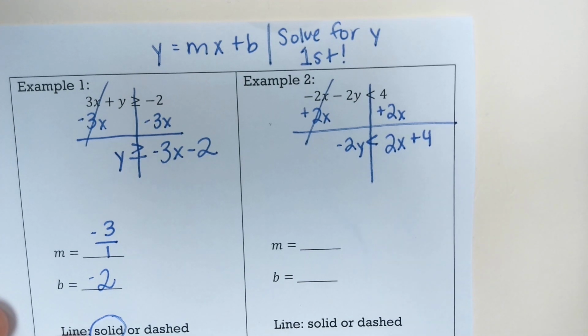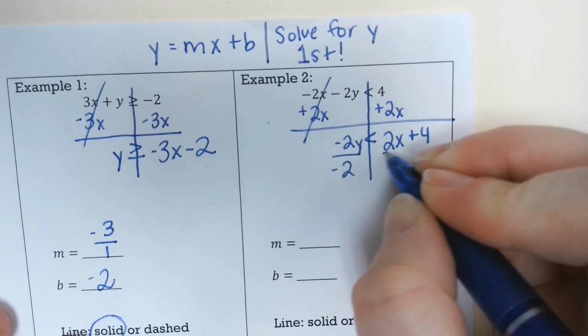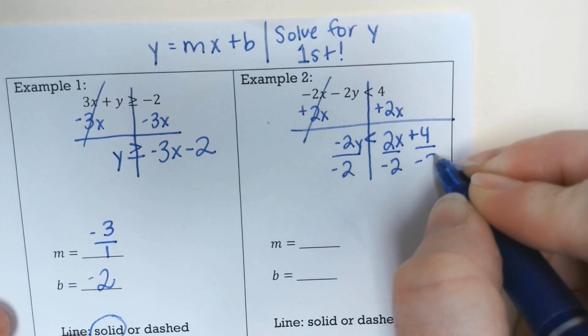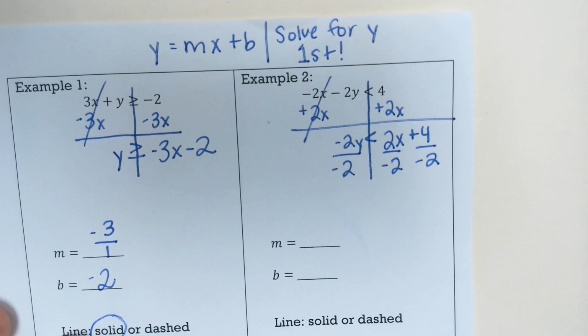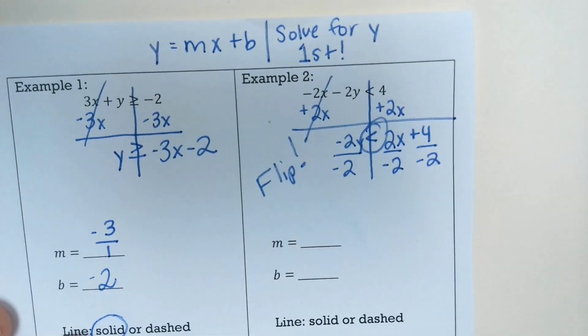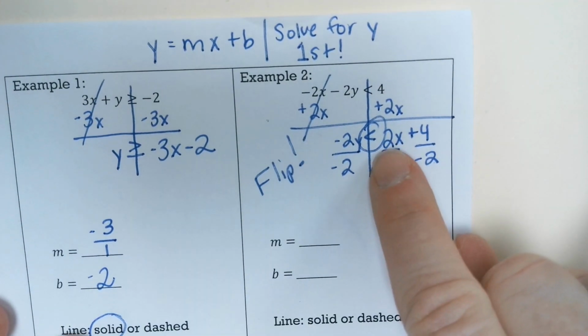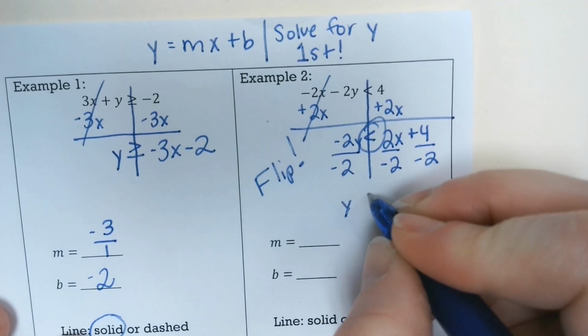We still need to get y by itself, so what do we need to do? Divide by negative 2. Do y'all remember what we have to do when we divide everything by a negative with inequalities? Yep, we got to flip that sign. I circle it so I remember I'm not writing it the same way, I'm flipping it around.